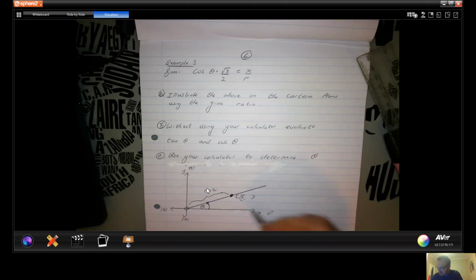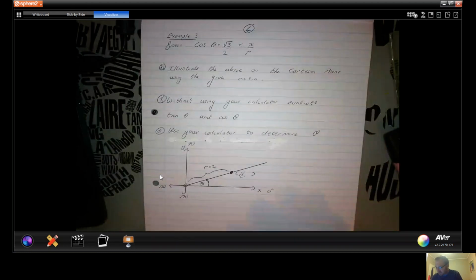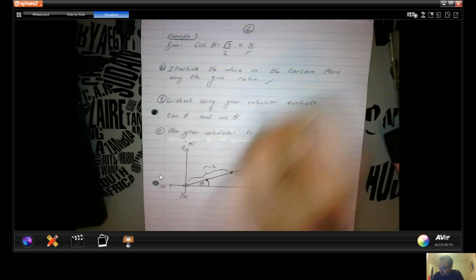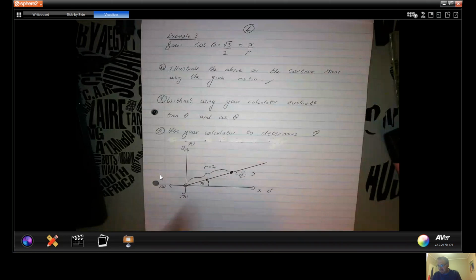If the x-coordinate is root 3, for this angle, cos of theta, the ratio of the x-coordinate over the radius, is root 3 over 2, right? So now, I've answered that first question. Well done, Francis. I've illustrated the above on the Cartesian plane using the given ratio. That's all I can do at the moment.